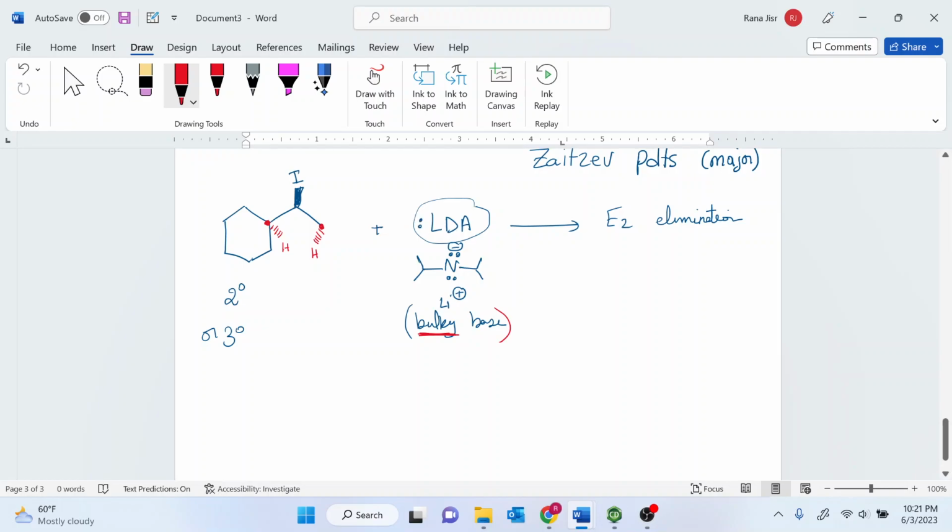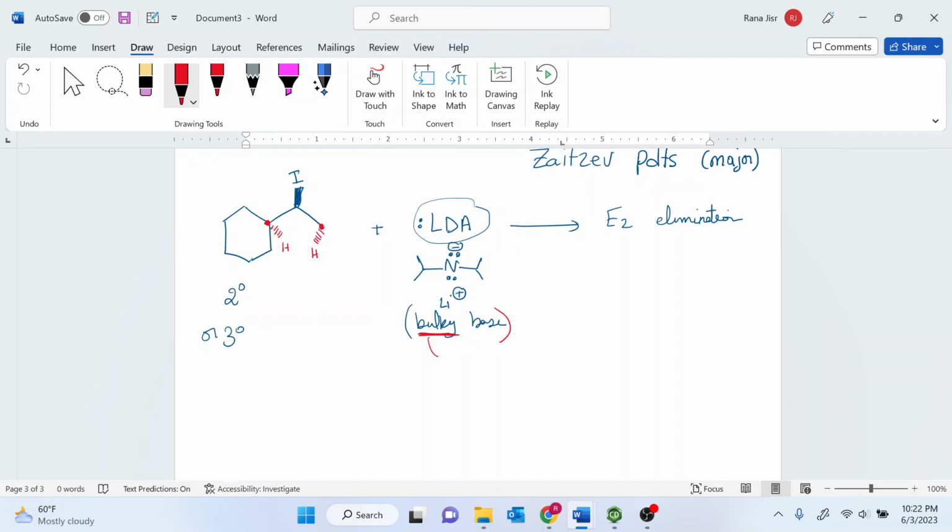Small bases are going to favor to come and take this hydrogen here, form a double bond to make the Zaitsev product, which is the most substituted alkene. But bulky bases, on the other hand, are so bulky that they cannot come and attack this more substituted beta carbon to take that beta hydrogen. They're going to favor to attack the less substituted beta carbon.